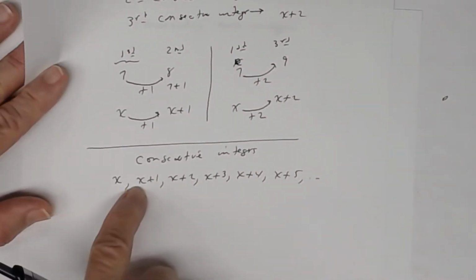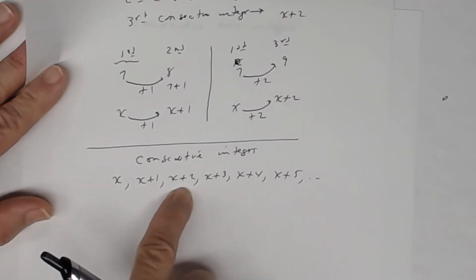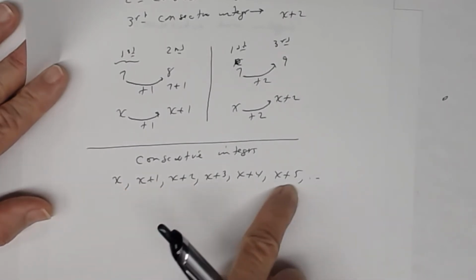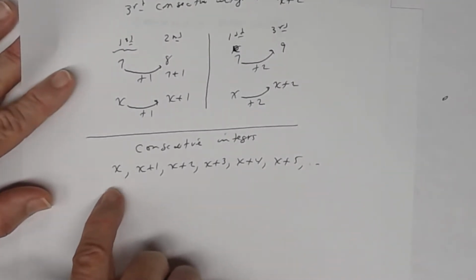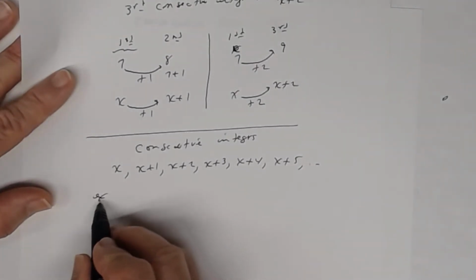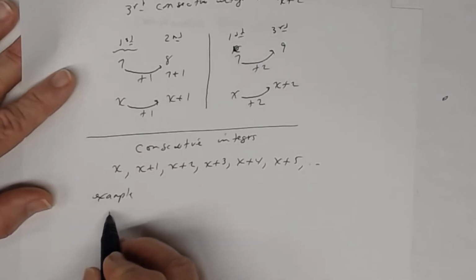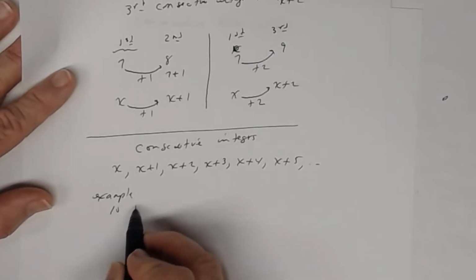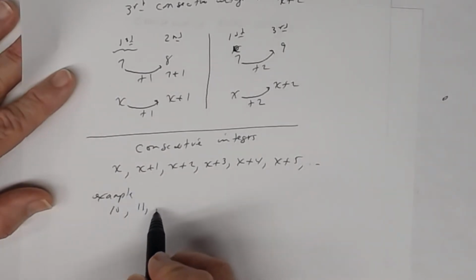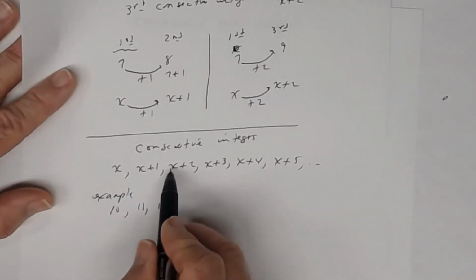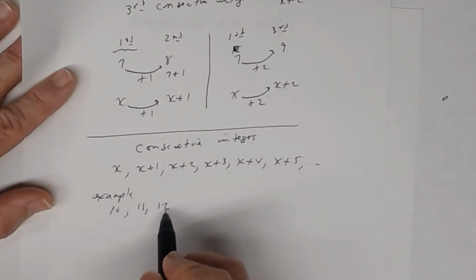If x is the first, next one has to be x plus 1, x plus 2, x plus 3, x plus 4, x plus 5. Right? Makes sense because if x is 10, then the next one has to be what? 11, right? 10 plus 1 is 11. The next one has to be 12. If x is 10, 10 plus 2 is 12. You see that?